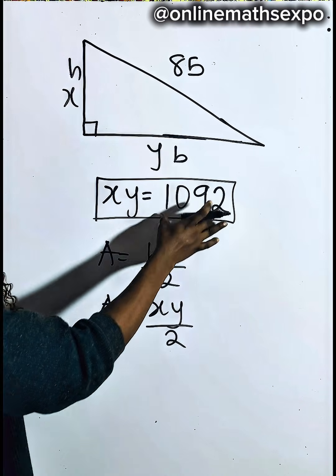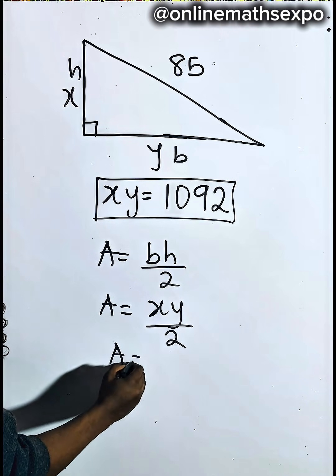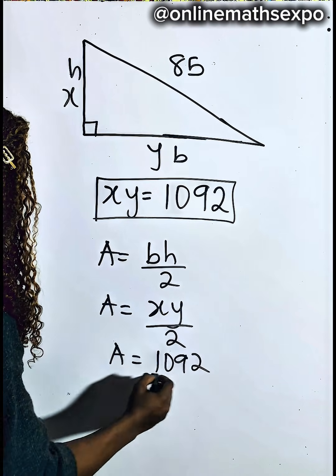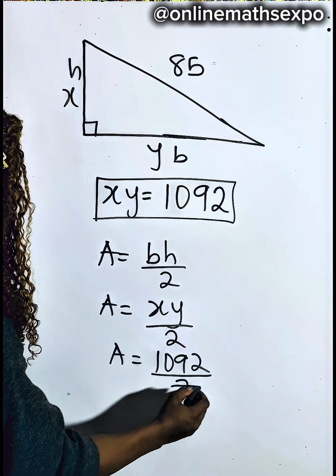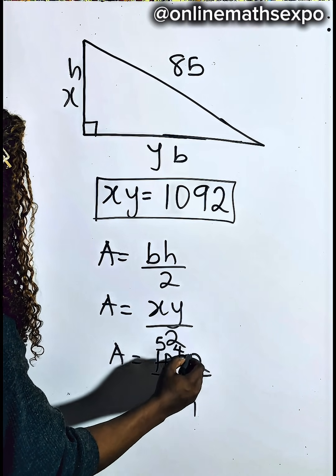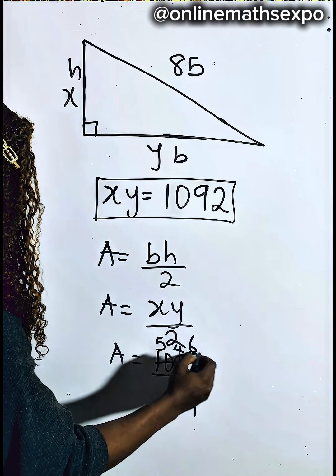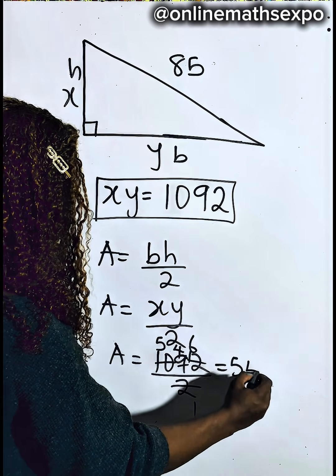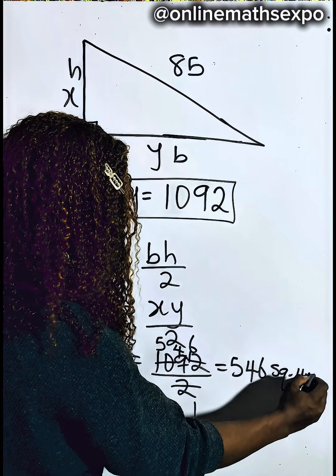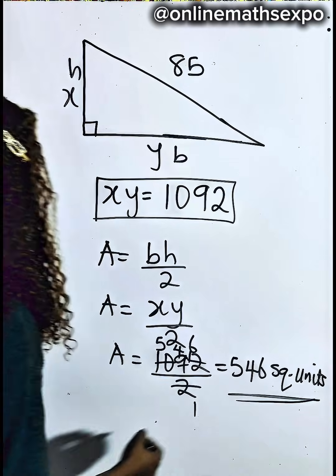Remember, XY is 1092, so 1092 divided by 2 gives us 546 square units as the area.